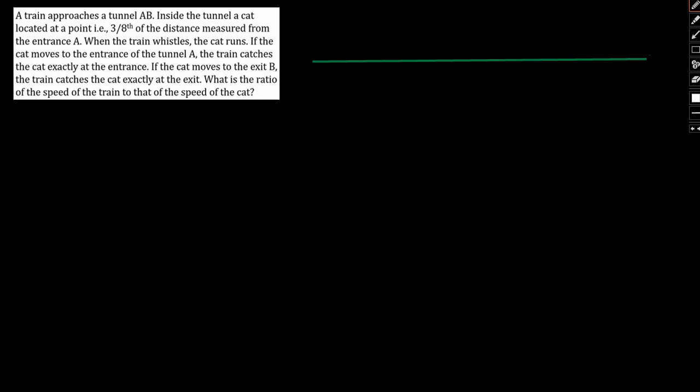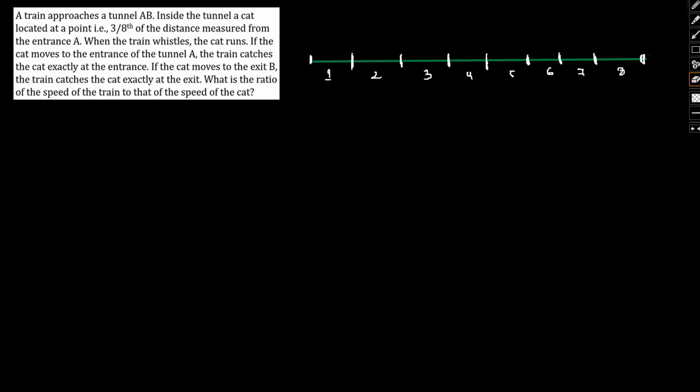So one, two, three, four, five, six, seven, and this is the final one. This is my first part, second part, third part, fourth part, fifth part, sixth part, seventh part, and eighth part. So we have divided the tunnel into 8 parts.